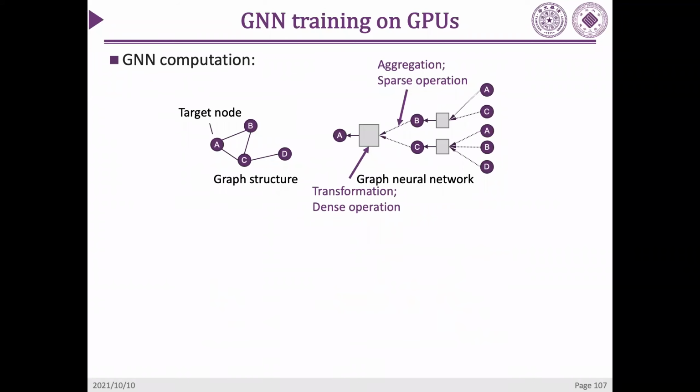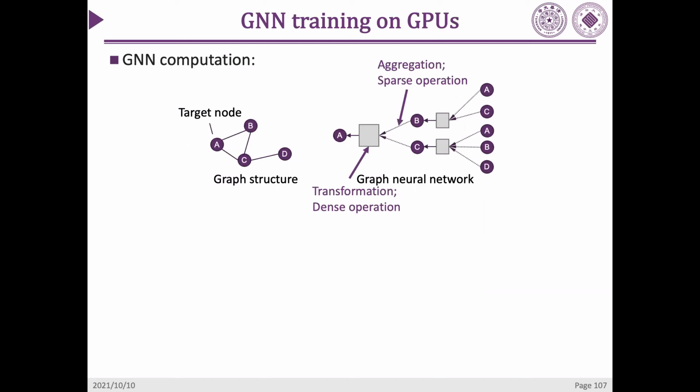Now, after looking at the basic algorithm part of the graph neural network, we introduce the challenges of graph neural network training on GPUs.